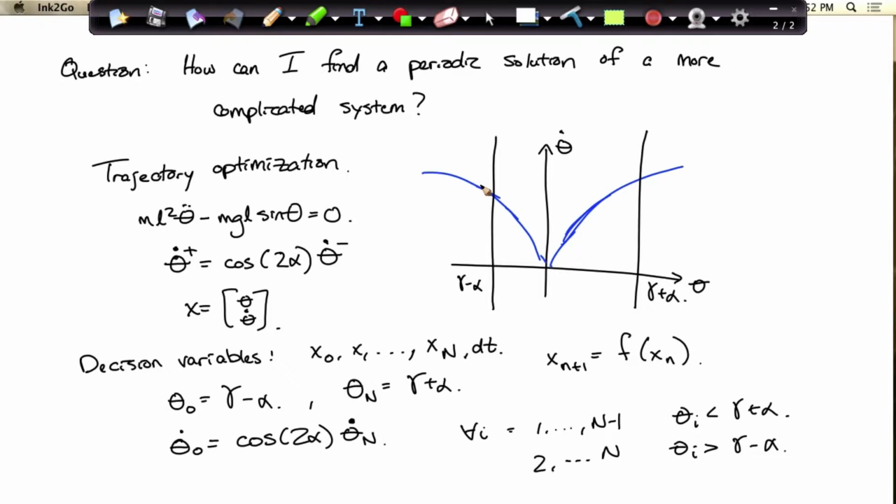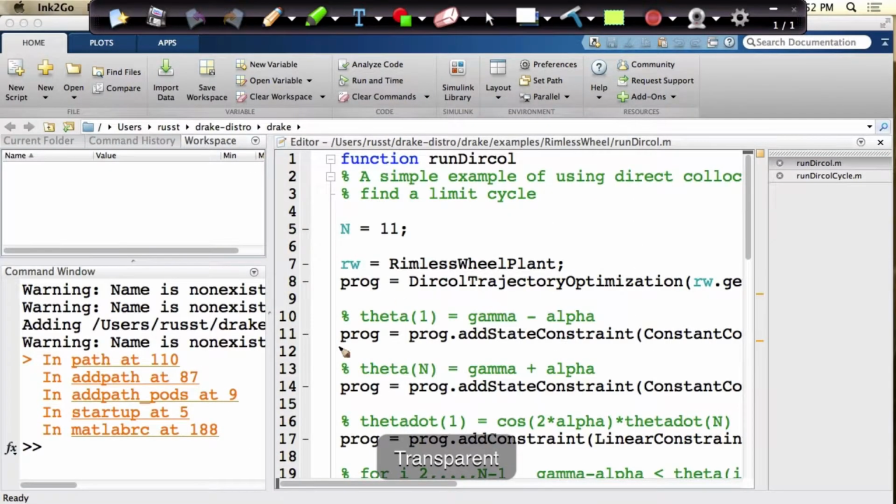Then I can just ask the optimizer to find any solution to this. I could put in an objective, but we know there's only a unique solution for this particular problem, so I don't actually need one. If I can find any solution that satisfies those constraints, I should have found my limit cycle.